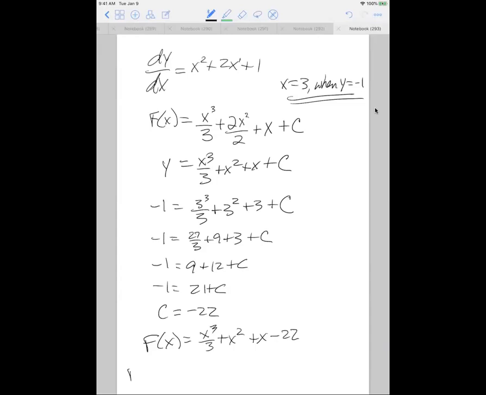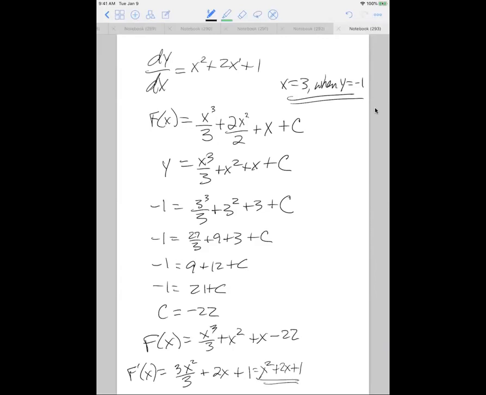So that means F prime of x is equal to, take the derivative of the first term, bring the power down front, 3x squared over 3, plus, take the derivative of x squared, I get 2x, plus the derivative of x is 1, plus the derivative of negative 22 is 0. So I end up with x squared plus 2x plus 1, which is the given problem that we started with.